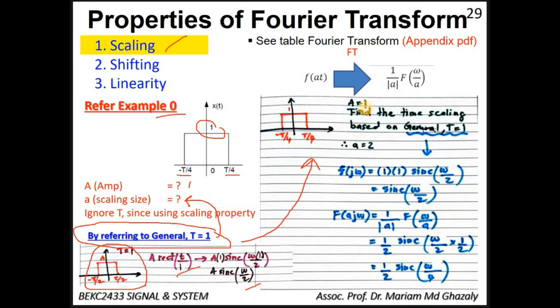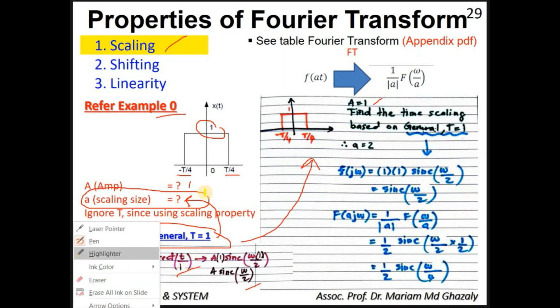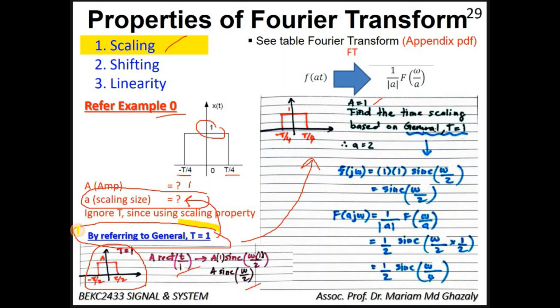Okay, next part here. From here you have A equal to 1. So now is to find what the scaling factor is here. Find the scaling factor based on general T equal to 1, which is this part just now. So look at this, what is the scaling factor?